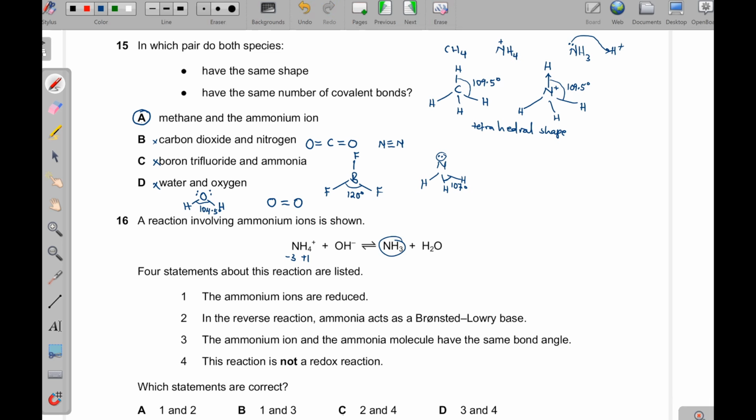Let's look at the N here. So we have N, then +3 times 1, then you get a 0 because this one is not charged. Again, N is going to be equal to -3 from here. Hydrogen is 1. So there is no change even in the what? In the oxidation states. So that means we are not talking about oxidation and reduction here. Of course, for oxygen, it is -2.